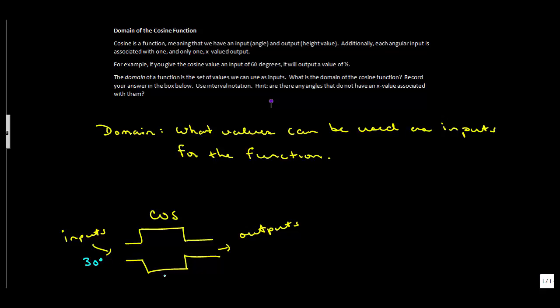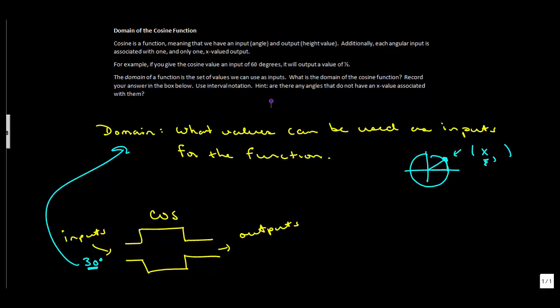And so when 30 degrees goes in, the cosine function says, take a look at the unit circle, find your 30-degree angle, figure out where the terminal side meets the unit circle, and then figure out how far to the right or the left that is. Essentially, figure out the x value. So 30 degrees gets put in, and then there's some output. 30 degrees is part of the domain, and it's that easy.